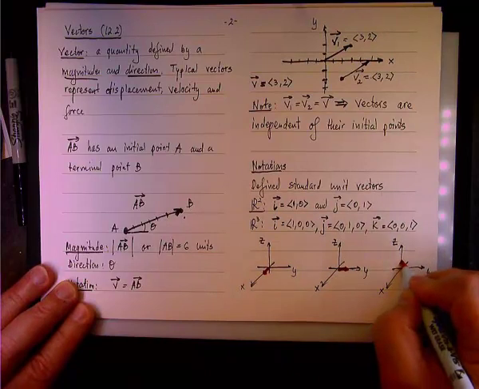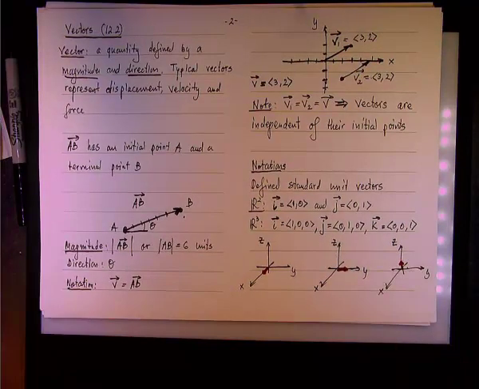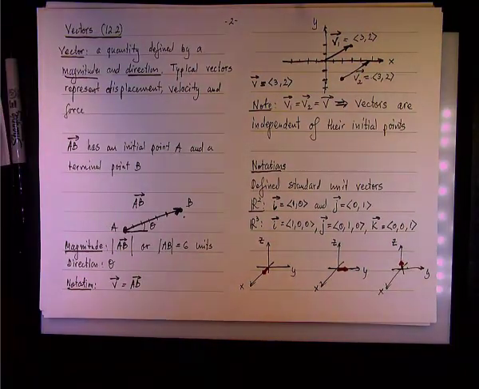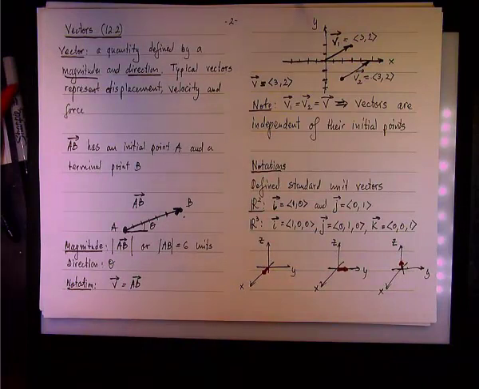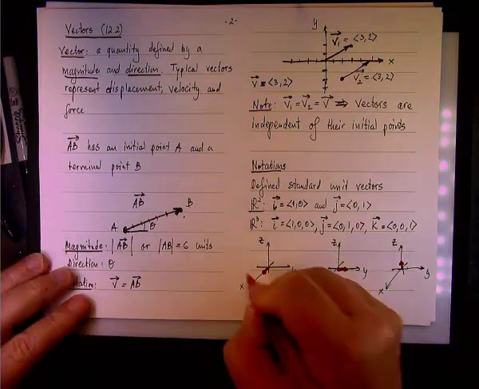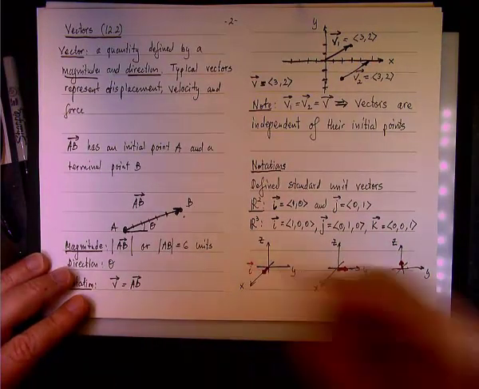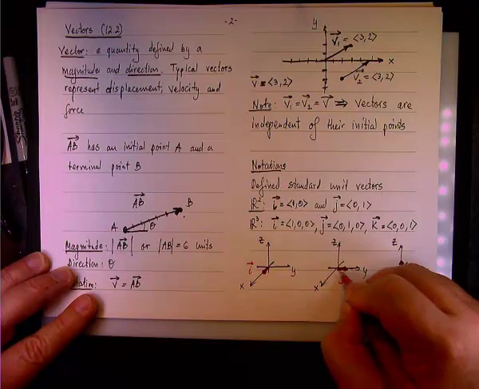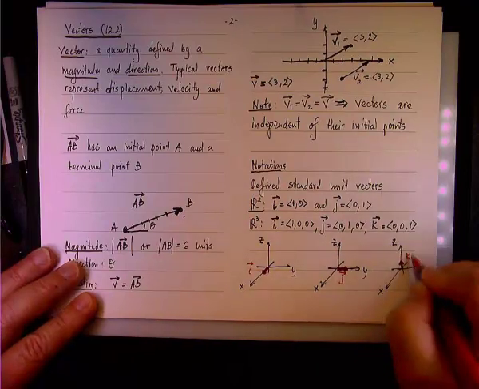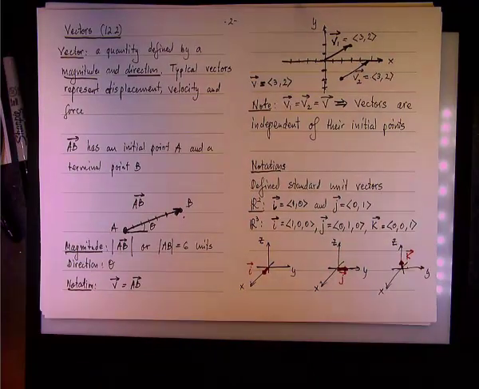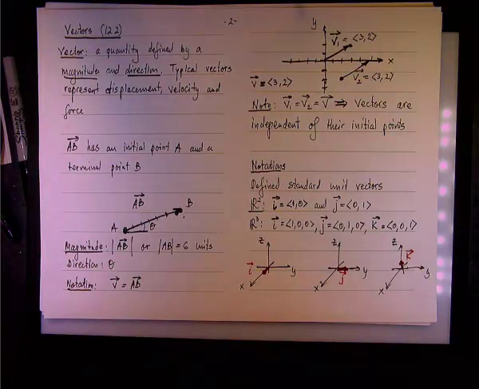I think the book has a slightly different name for that, but I'll go along with the name that I have. So i will be this vector, j will be this vector, and k will be this vector. All have a length of 1.